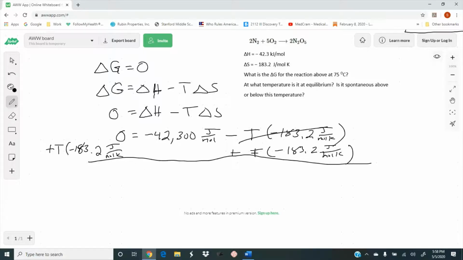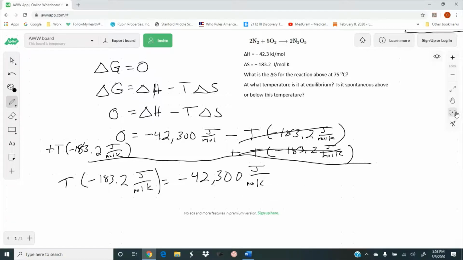So these guys are canceling out over here. And what I end up with here is T times negative 183.2 joules per mole Kelvin equals negative 42,300 joules per mole.